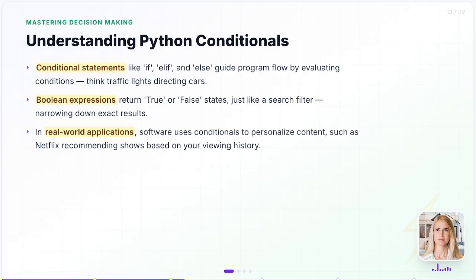Without conditionals, programs would follow a rigid sequence, failing to respond to dynamic conditions like serving soup at breakfast. Remember, a common pitfall is forgetting to properly indent blocks of code following conditionals, which leads to errors. Mastering this allows for more intelligent, responsive programming, just like navigating a flexible decision tree.